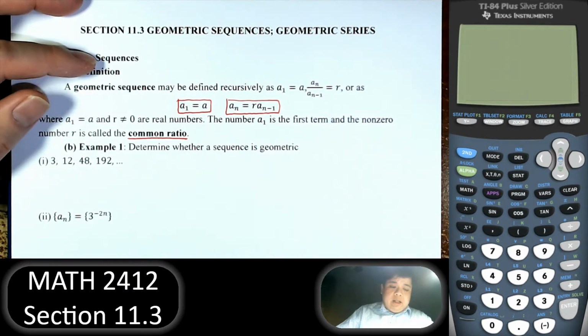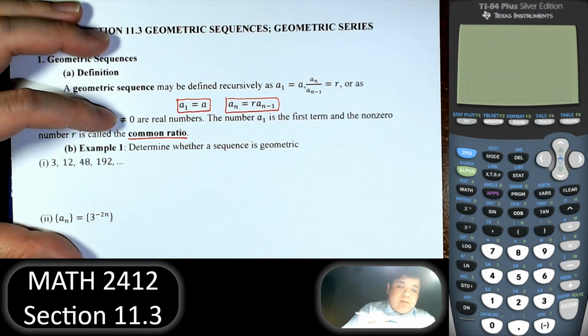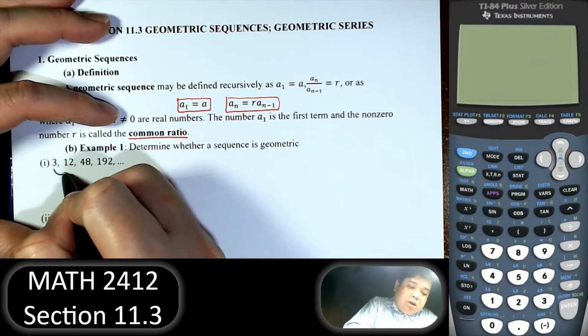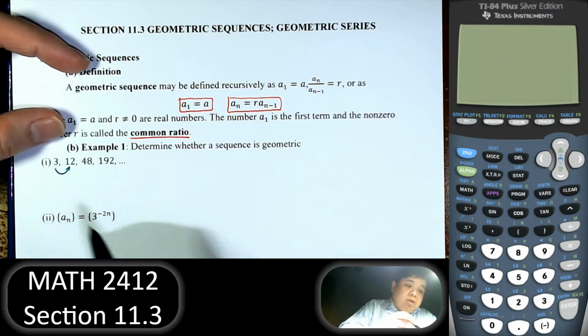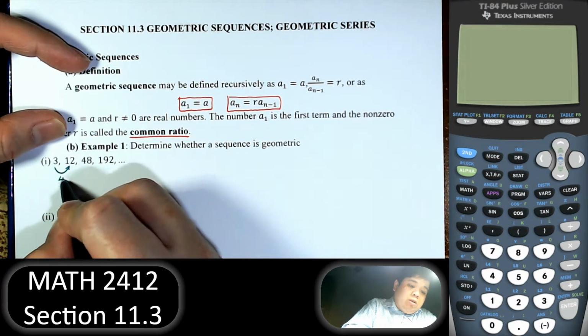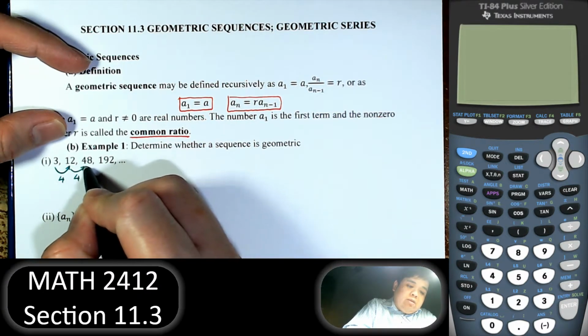Right, so we say determine whether the following sequence is a geometric sequence. So let's see, from this number to the next, what do we have to multiply by? 3 times 4, 12 times 4, so that's correct, and then times 4.